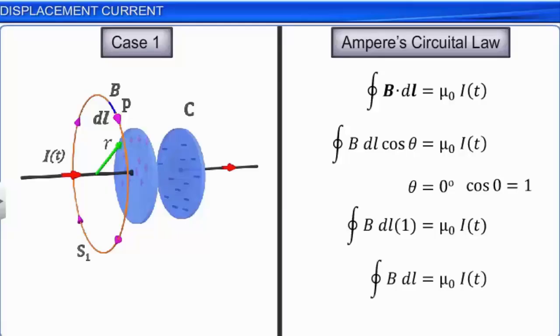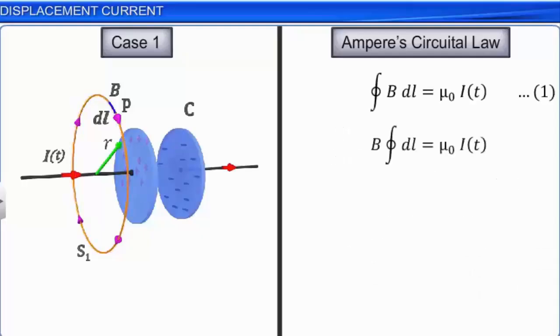The circular loop is symmetric with respect to the conducting wire. Hence, the magnitude of the magnetic field is constant at any point on the circumference of the circular loop. That is, B into the integral over the closed loop of dl is equal to mu naught IT.